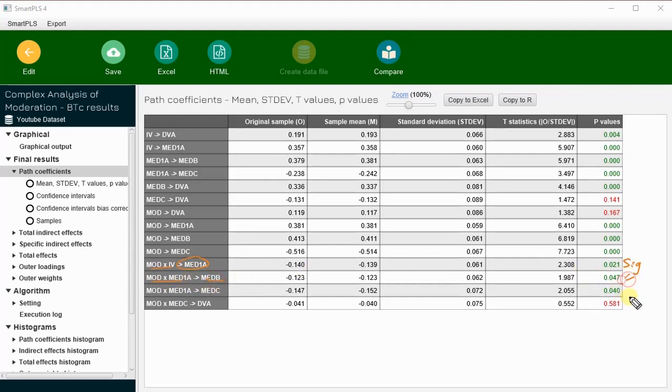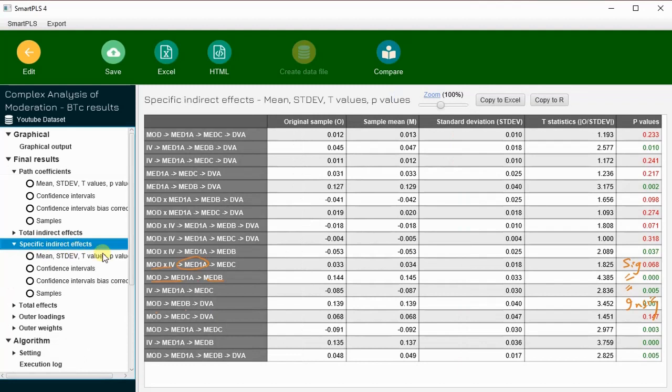This was also significant, and this was significant, but the moderator and mediator C on dependent variable is insignificant. So different moderation effects have a significant effect on the given variables, and you can check here the specific indirect effects. A lot of indirect effects are created as we incorporated many paths in this analysis.